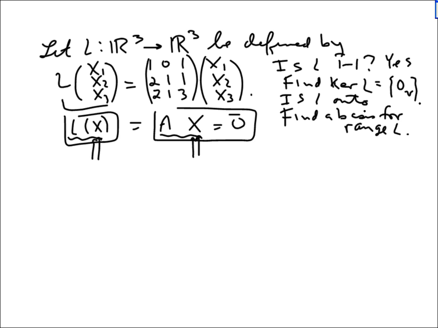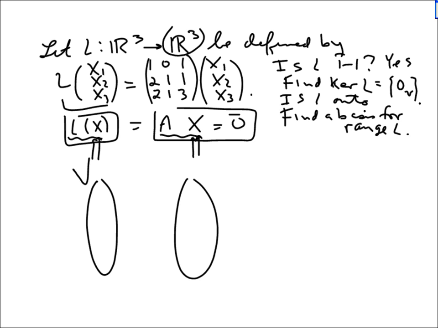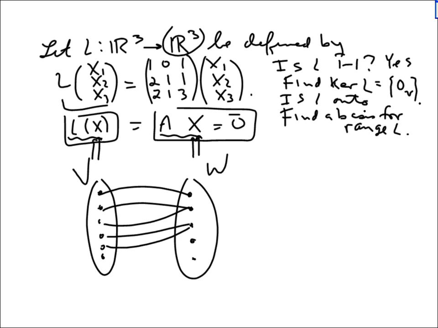Is L onto R3? Now, let's talk about what onto means. You have the set V, you have the set W, you have some elements in W, you have some elements in V. This set is not onto because nothing went onto that element.